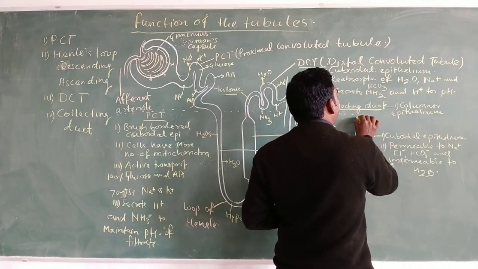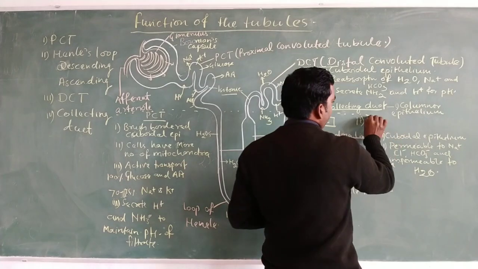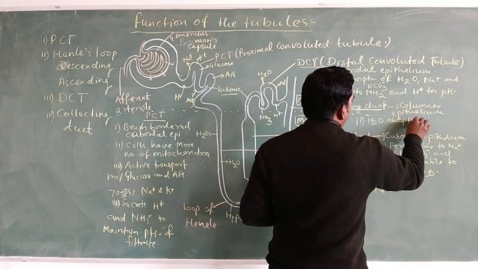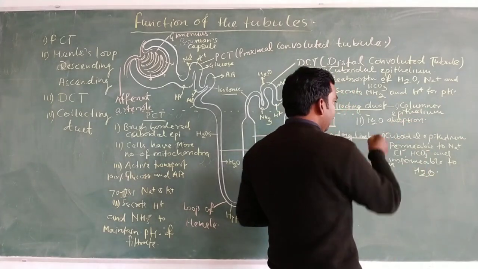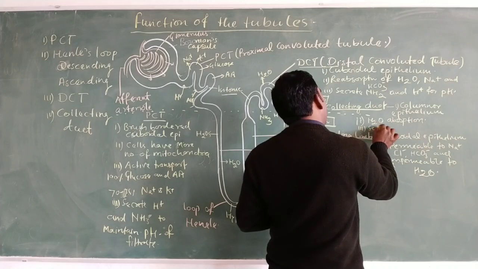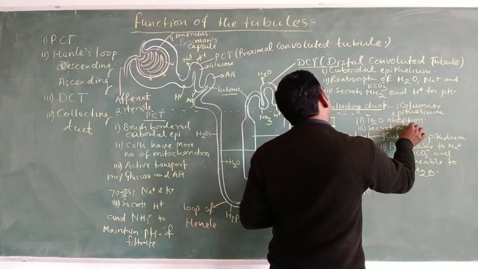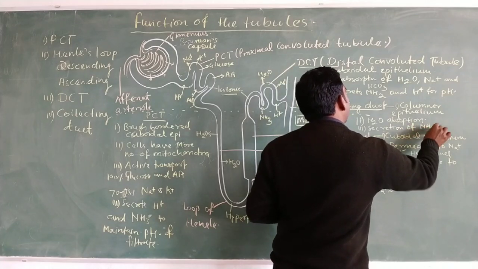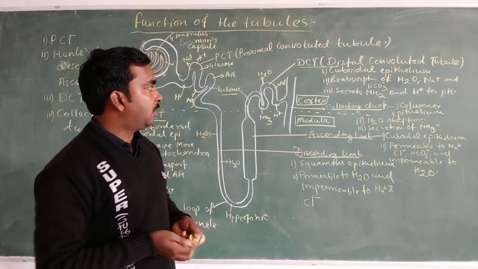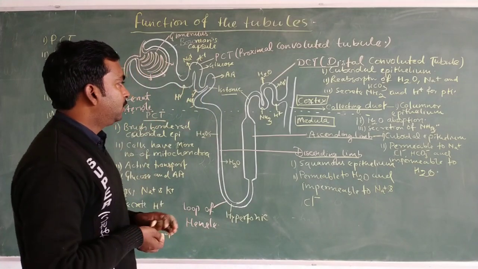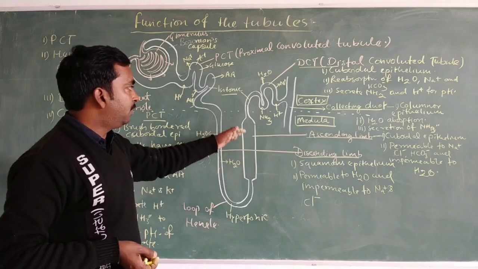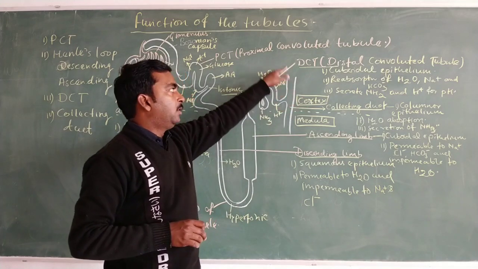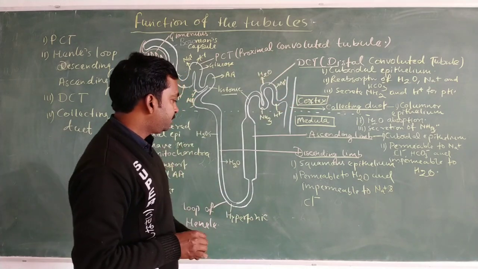And the absorption of water is the main process, along with the secretion of ammonia, which maintains the pH of the filtrate or the pH of the interstitial fluid inside the medulla as well as the cortex region, because the collecting duct extends from the cortex region to the medulla region.